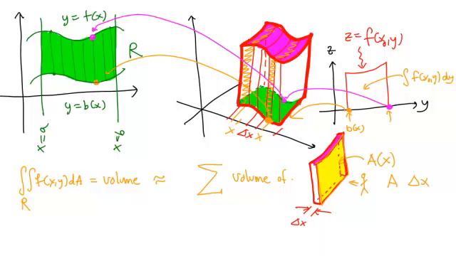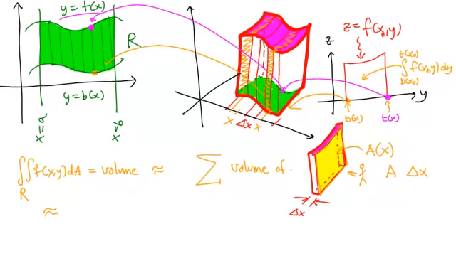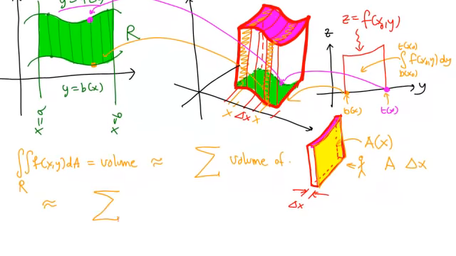The y value would be t of x. And so this would be the integral from b of x naught to t of x naught, if I'm at a particular x naught value. So we've just shown that this volume is approximated by adding up the area of a face, which was the integral from b of x naught to t of x naught, f of x naught comma y, dy.